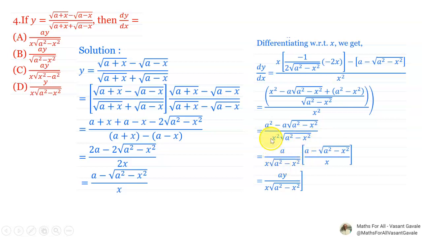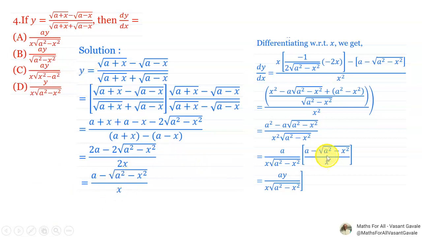Now here take a as common, then you will split it up into two, that is a minus root of a square minus x square, take that x here, and whatever is common from a, that is divided by a upon x root of a square minus x square. And the value of y is a minus root of a square minus x square upon x.